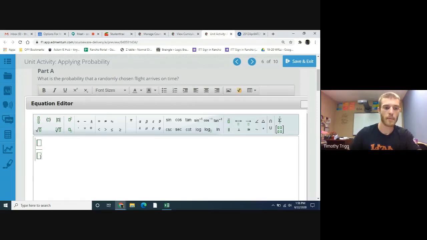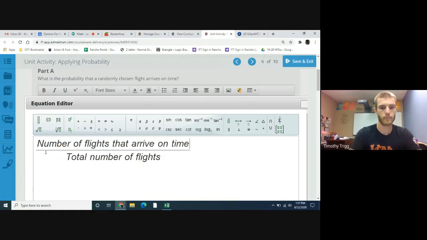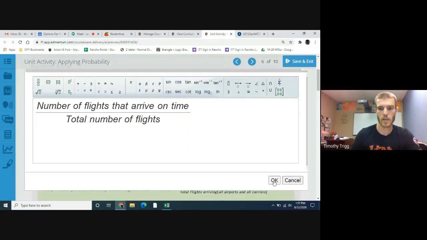So the denominator is all of the flights, the total number of flights. The numerator, we would only want those that arrive on time, the number of flights that arrive on time. So this would give you the probability that a randomly chosen flight would arrive on time. Pretty simple, I think.